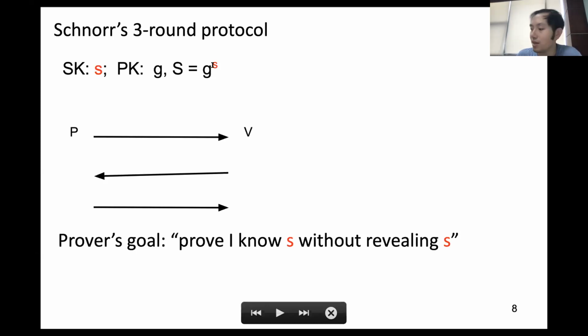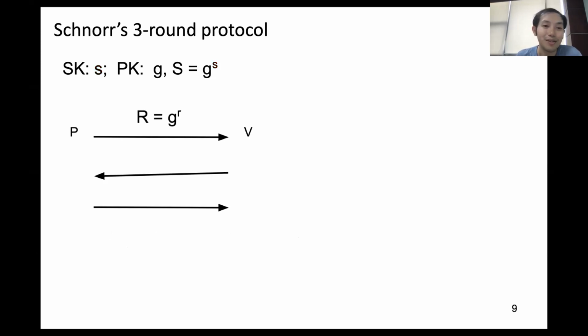And I want to convince the verifier that I know the secret without revealing what S is. So here is what the prover does. The prover will sample a random string r and output a capital R, g to the lowercase r. So this is sort of a commitment to a secret randomness, you can think of it that way.